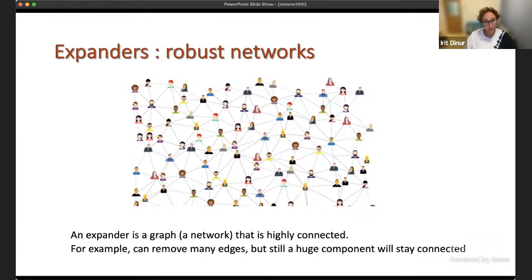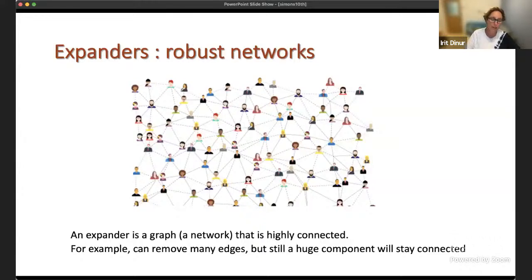So expanders are graphs that contain some interesting contradiction in that every vertex in the graph, you can think of it as a network. So every vertex is like a person on a network, and it's only connected to a very small, like a constant number of other vertices. So the degree is very small, the graph is sparse. And the contradiction is that even though it's very sparse, it's highly, highly connected.